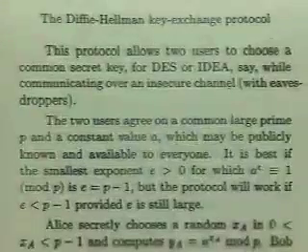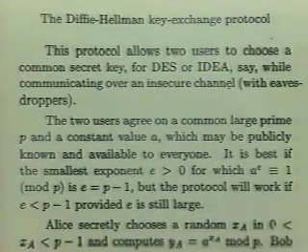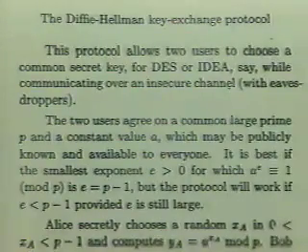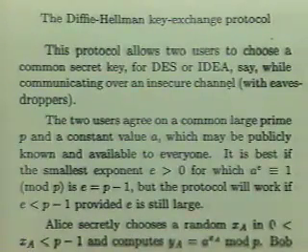The eavesdroppers have the same kind of computer that Alice and Bob have. So now Alice and Bob want to communicate using DES. Okay, but they have to choose a common key.